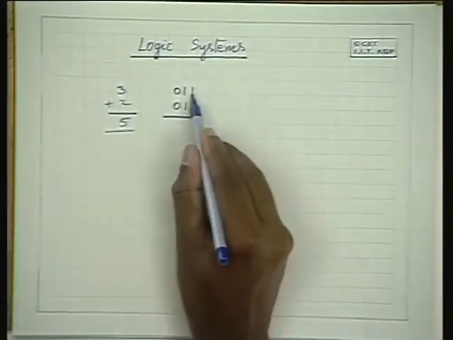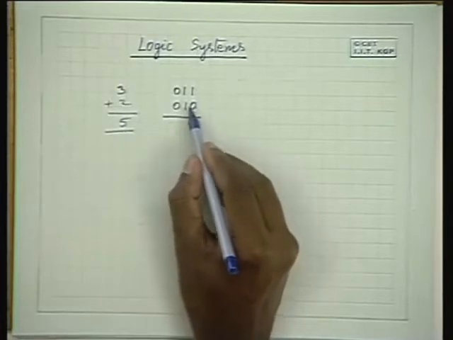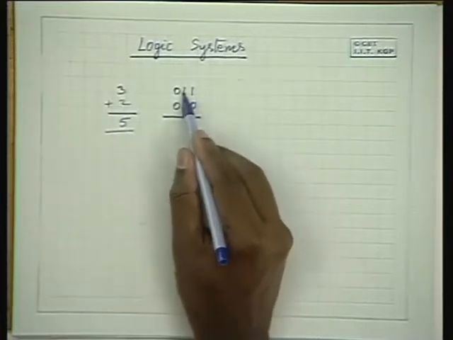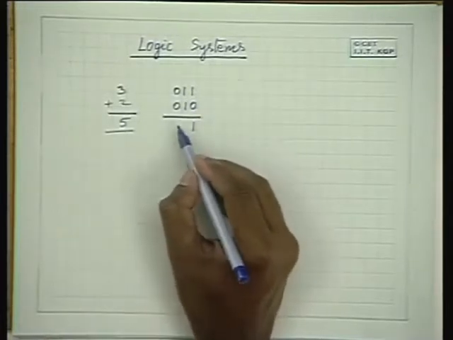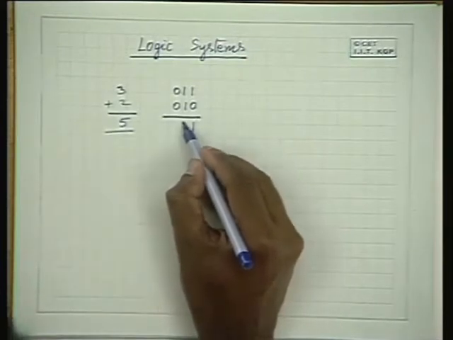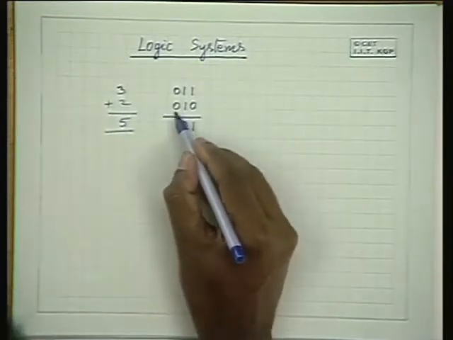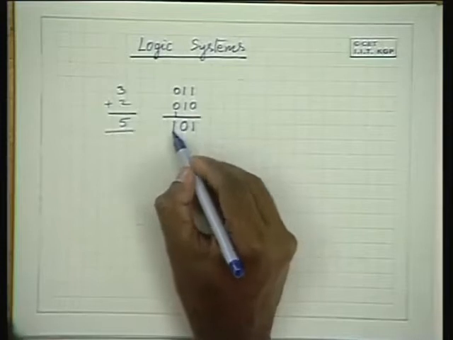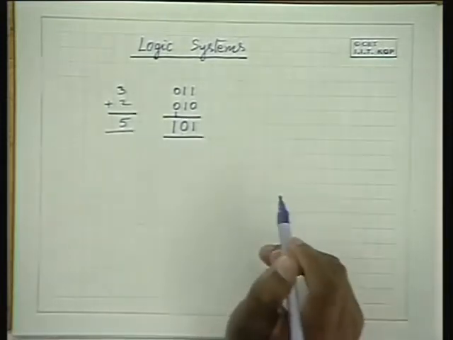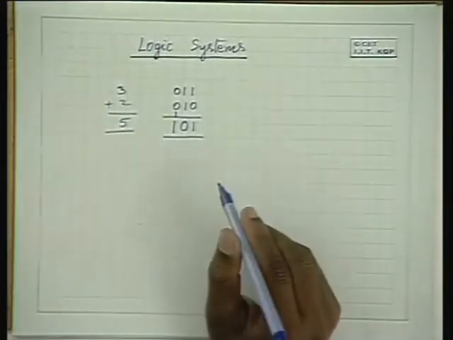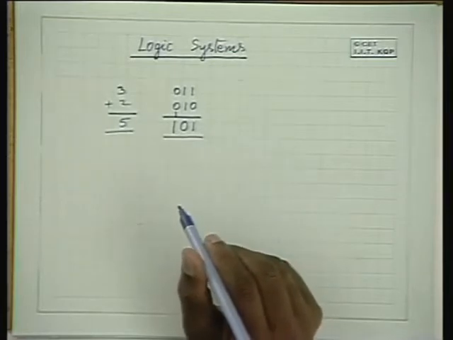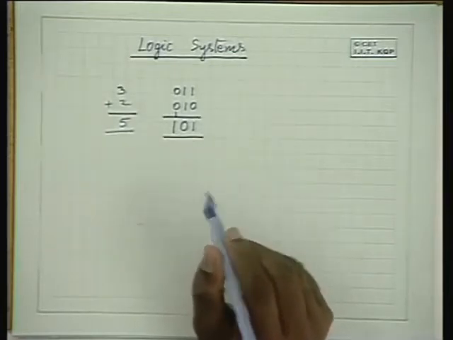When you add these, 1 plus 0 is 1 and carry is 0, 1 plus 1 is 2, that is 10, that means 0 is the result and carry is 1, and therefore 101 is the net result. So, let us see how this kind of addition can be carried out in an electronic circuit.